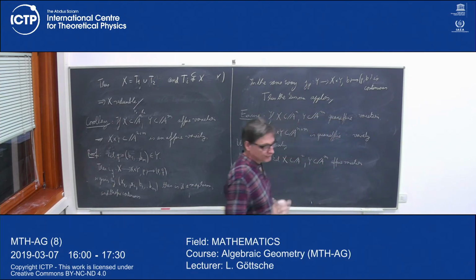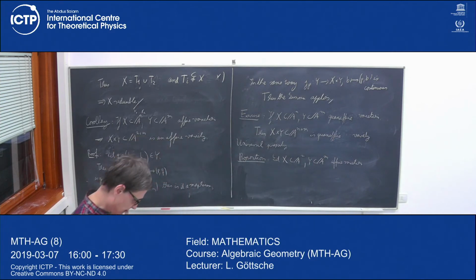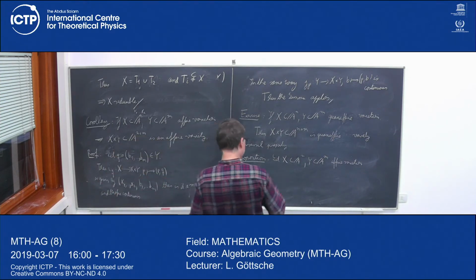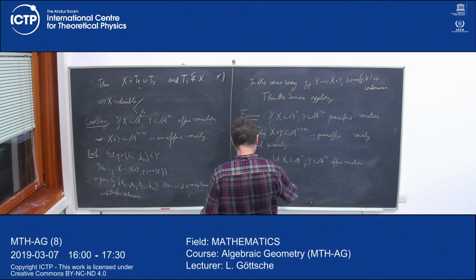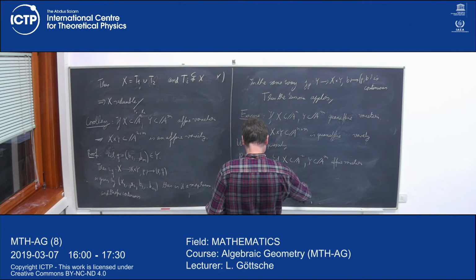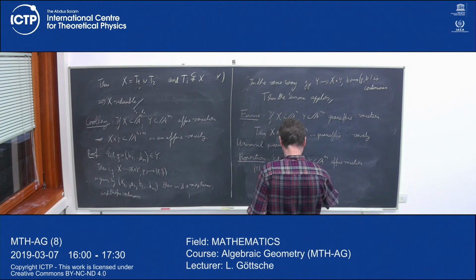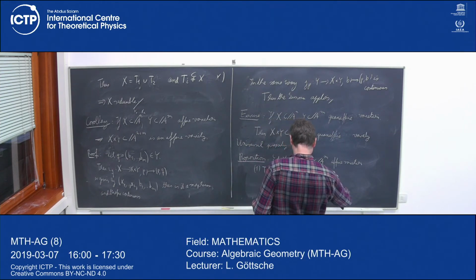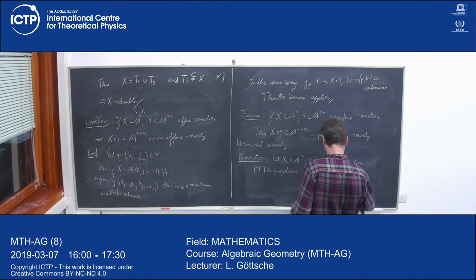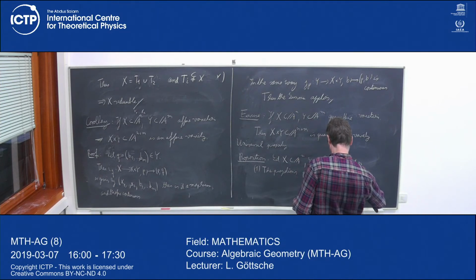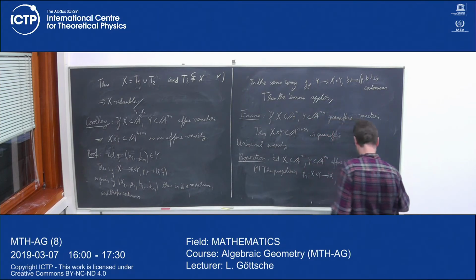This would also work with quasi-affine, but I just do it for affine. So first, the projections P1 from x times y to x, and P2 from x times y to y are morphisms.